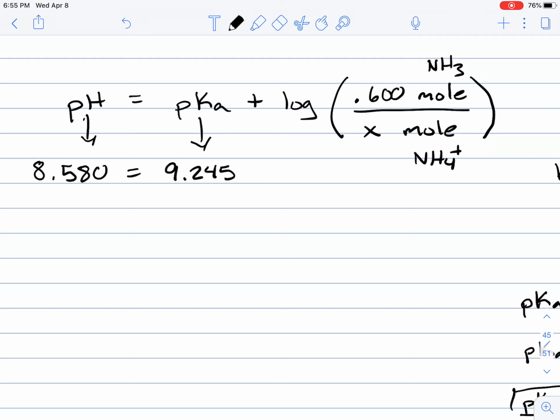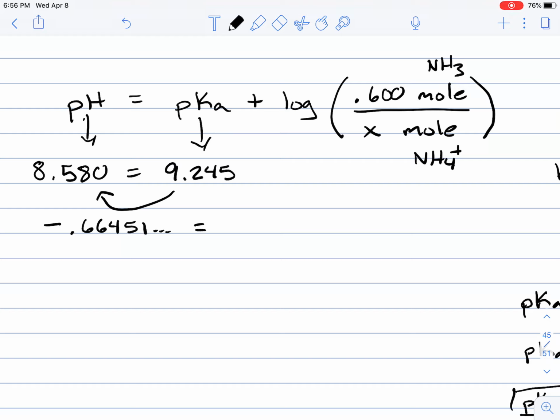What we're going to do is subtract this to the opposite side. And when we subtract 8.580 by 9.245, we're probably going to get a negative value. And so if you plug that into the calculator, we get negative 0.66451, and then a whole bunch of other numbers.